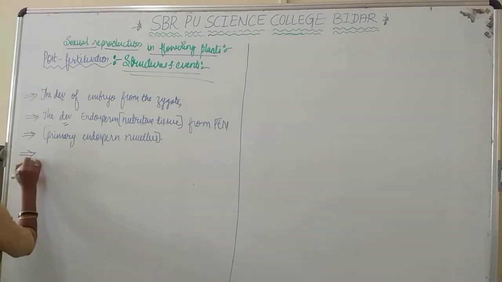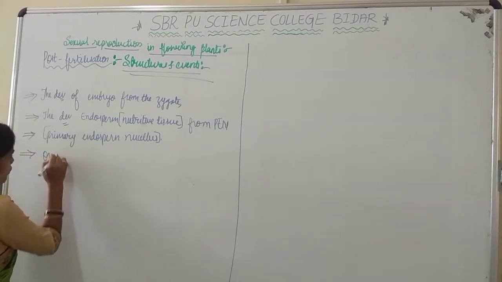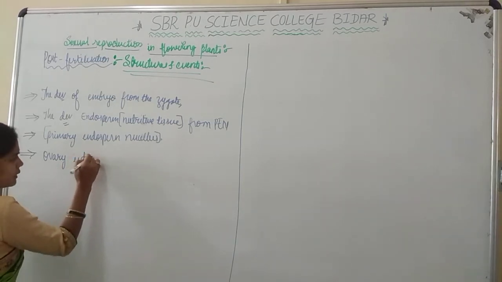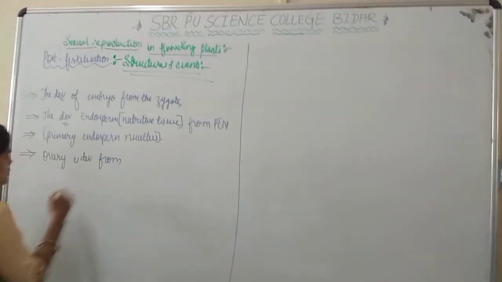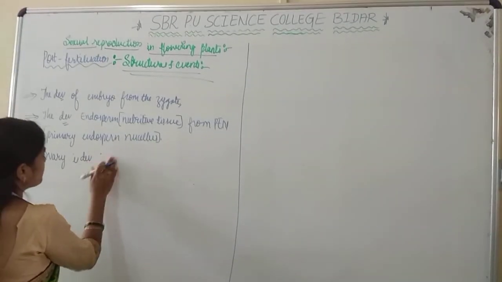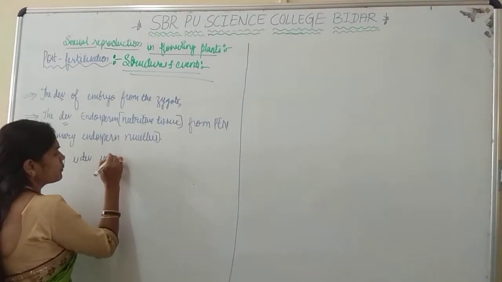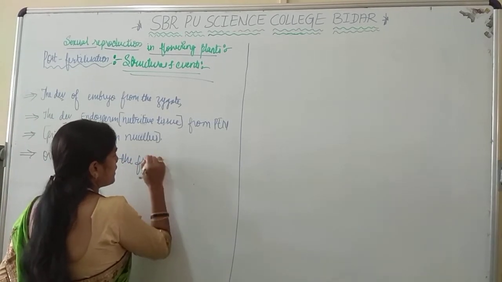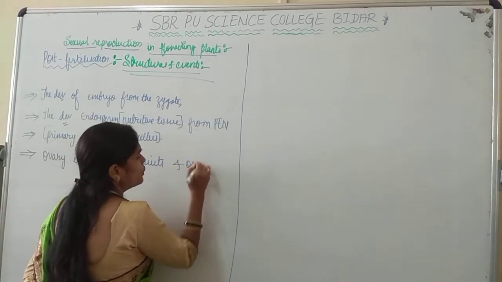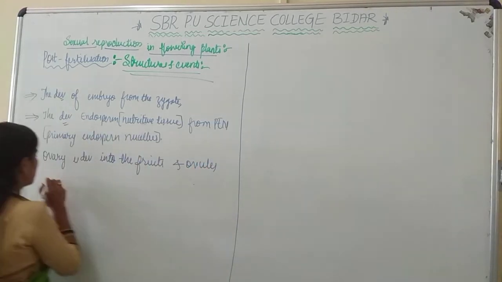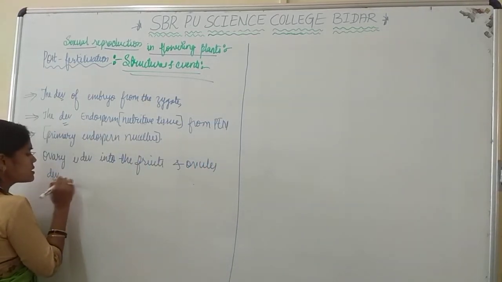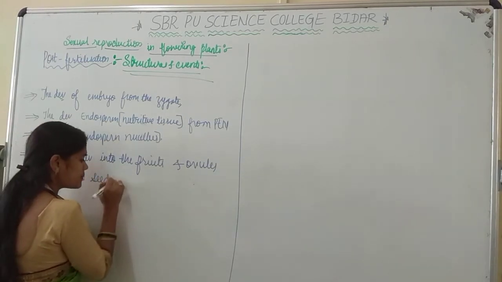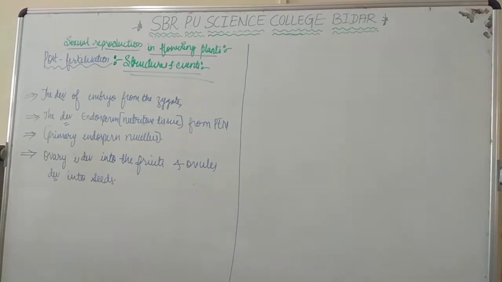Apart from that, after fertilization, the ovary develops into the fruit, and the ovules develop into seeds.